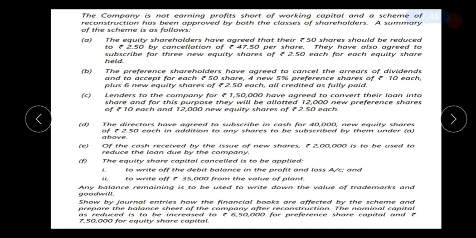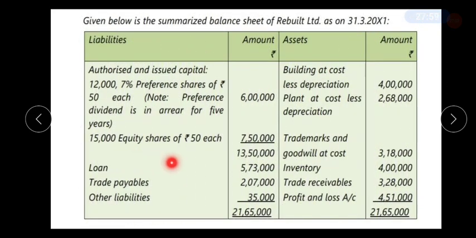Next, what happened? Of the cash received by the issue of new shares, rupees 2 lakh is to be used to reduce the loan due to the company. So see, if you look at the loan here, it is 5,73,000 loan. You have 5,73,000 loan obligation. Out of this 5,73,000, you have settled 1,50,000 by issuing new preference shares and equity shares.